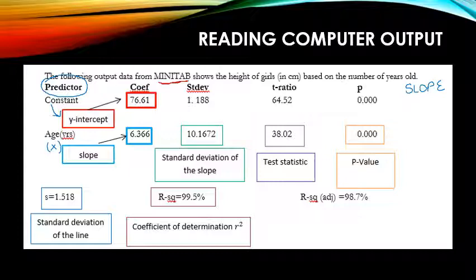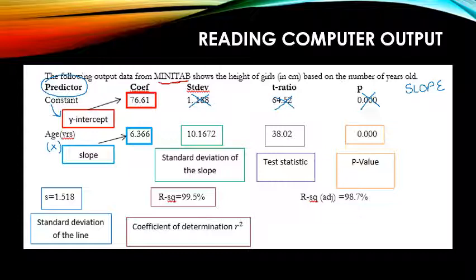So we do not care about the standard deviation for the y-intercept, the t ratio of the y-intercept, or the p-value for the y-intercept. The only value we care about with the y-intercept is this initial one, which tells us the y-intercept is 76.61.